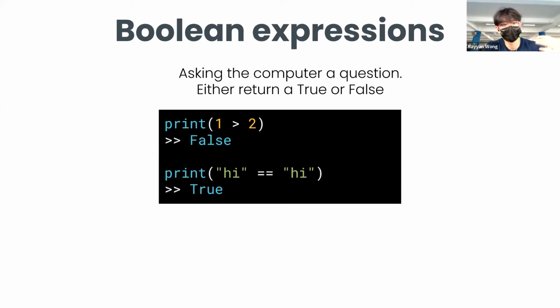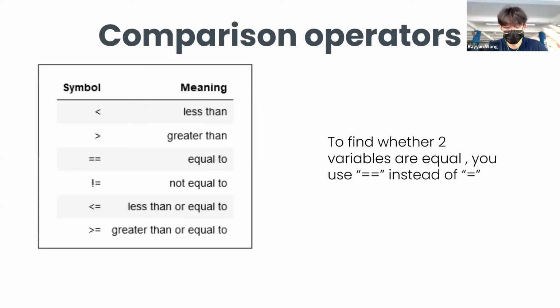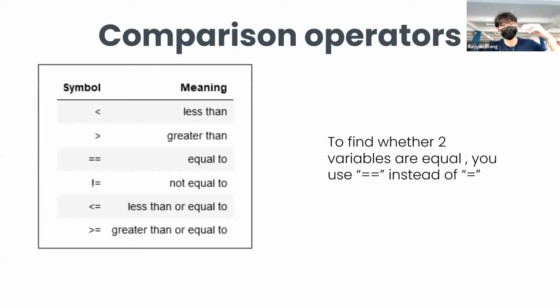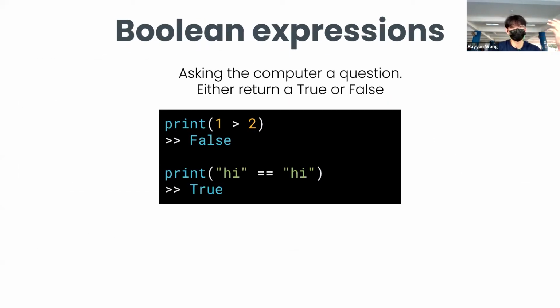So we have Boolean expressions. A very simple way to understand what a Boolean expression is: it's asking the computer a question, and the computer only replies with true or false. So all along, what we were doing before, with comparison operators and logical operators, is basically asking a question, right?